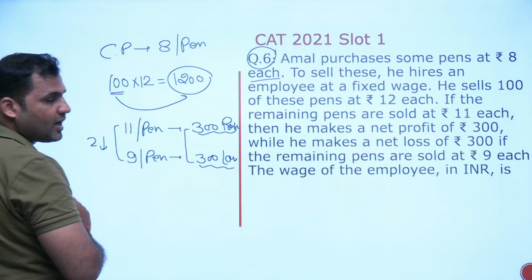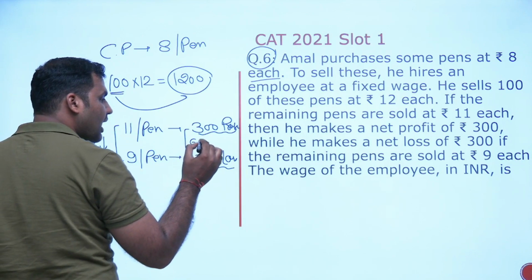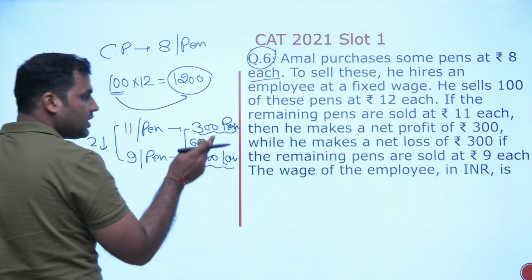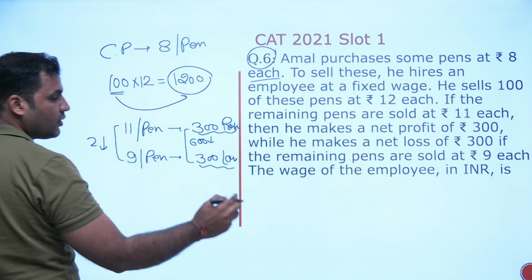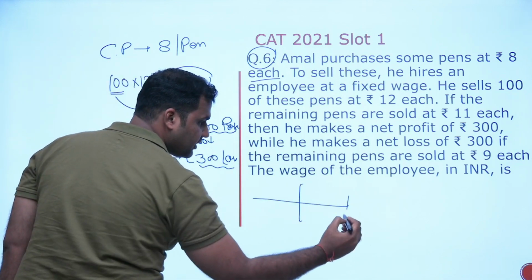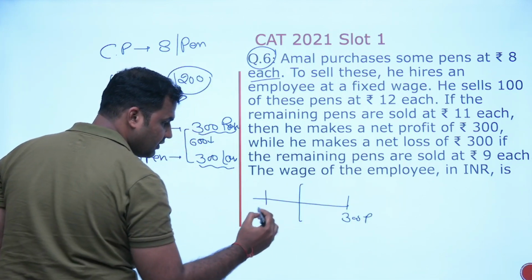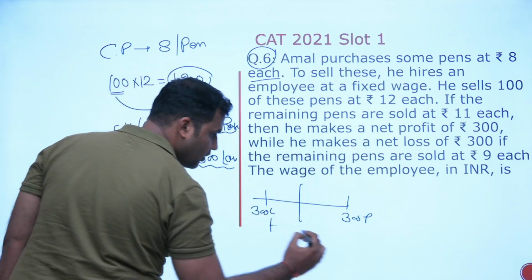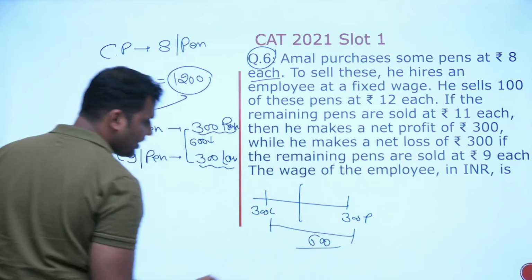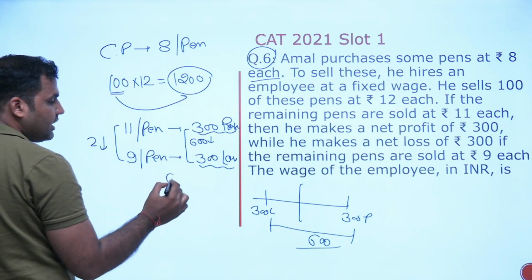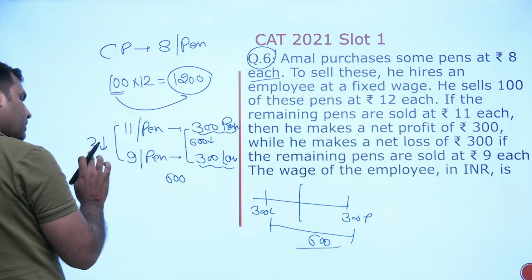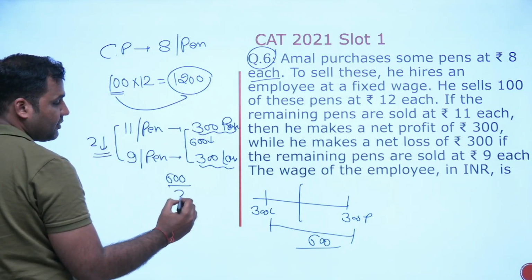If a 300 rupees profit is converted to a 300 loss, the total decrement in the value is 600. So for a 600 decrease, you are reducing 2 rupees per pen.